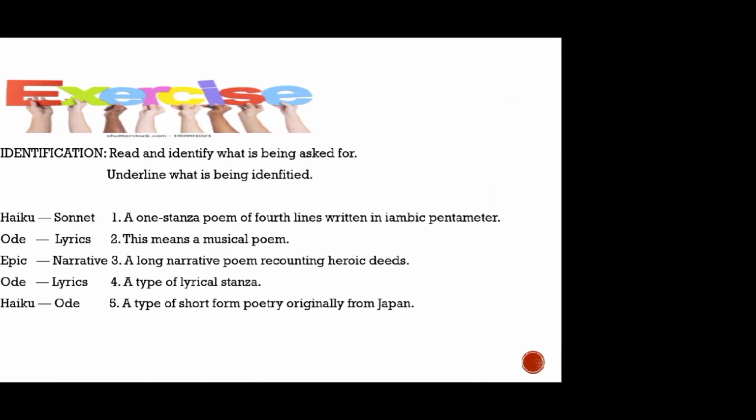At the end of the discussion, you'll give a quiz requiring the students to identify what is being asked, giving them sets of questions with information, and with this, they'll be able to apply what they have learned during the discussion with the teacher. That is an example of using the identification type of active learning strategy in the classroom.